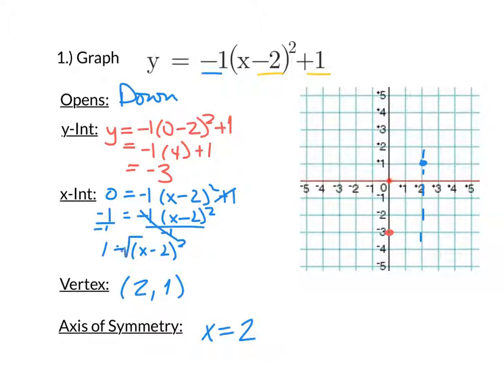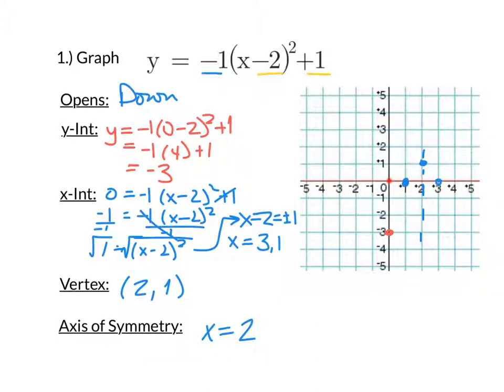Undoing the square through square rooting gives me that x minus 2 is equal to plus or minus 1. And now we add 2 to both sides. So 2 plus 1 is 3. 2 minus 1 is 1. So those will be our two x-intercepts at 1 and 3.